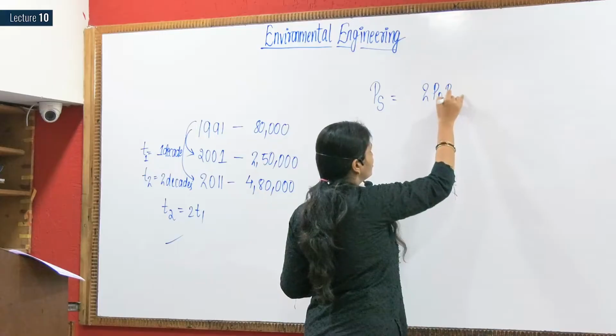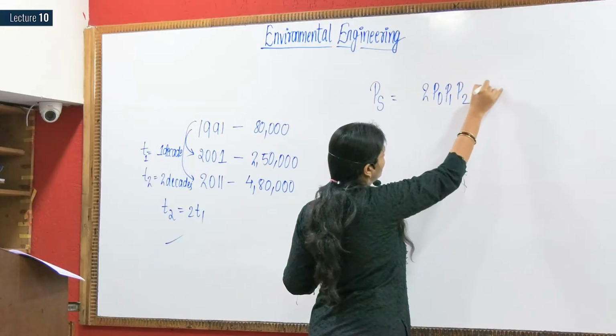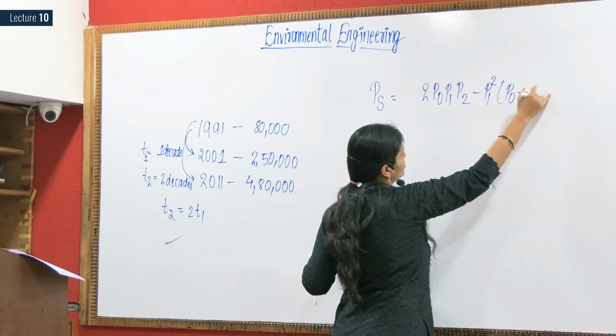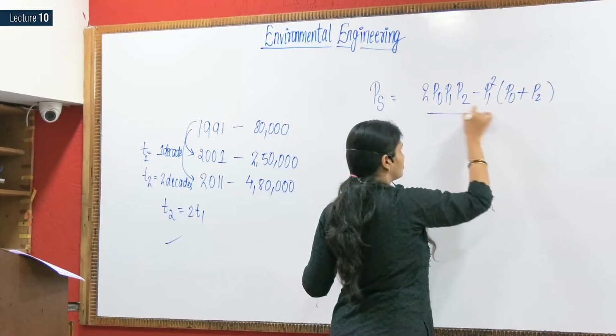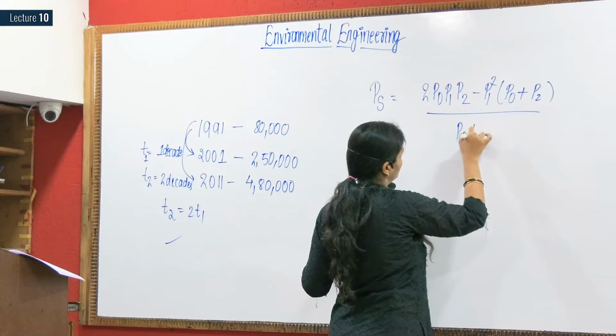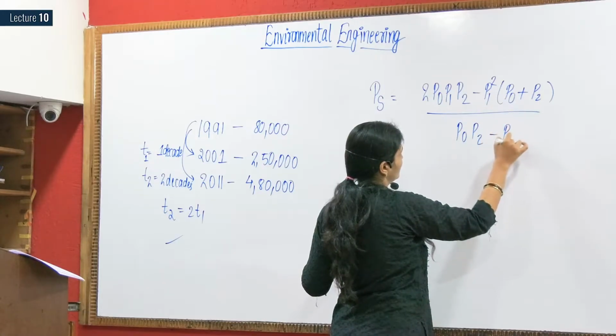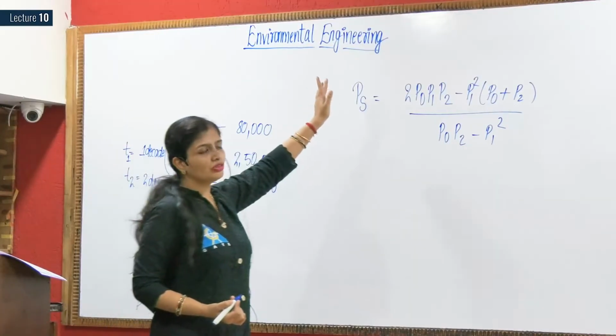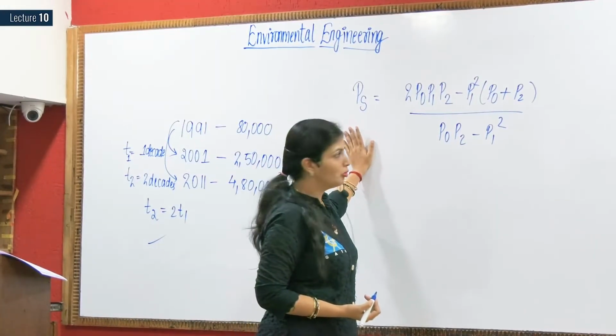Saturation population is 2 P0 P1 P2 minus P1 square times P0 plus P2, divided by P0 P2 minus P1 square. So you will substitute the values of P0, P1, P2 for calculating the saturation population.